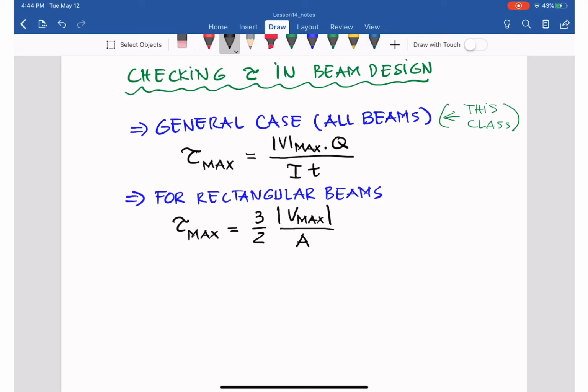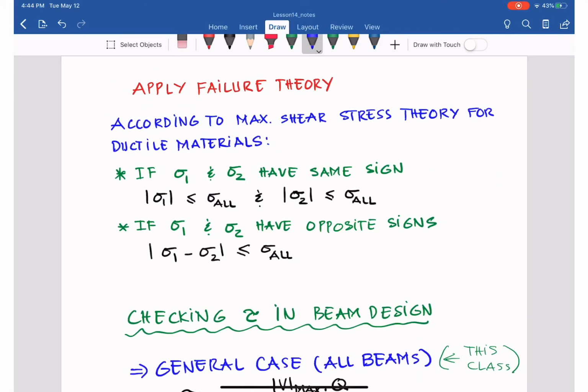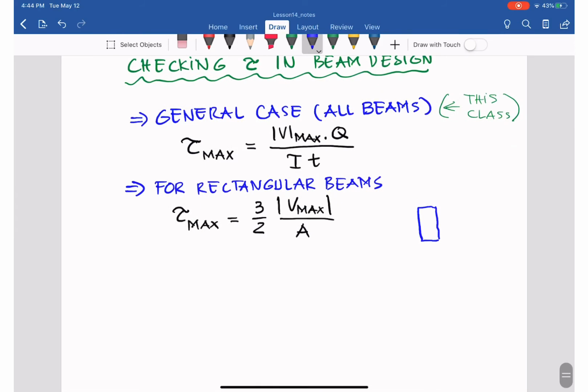How is that? I will go very quickly here. If we have a cross section that is a rectangle, and we have the neutral axis here, as everyone knows, the width is b and the height is h.